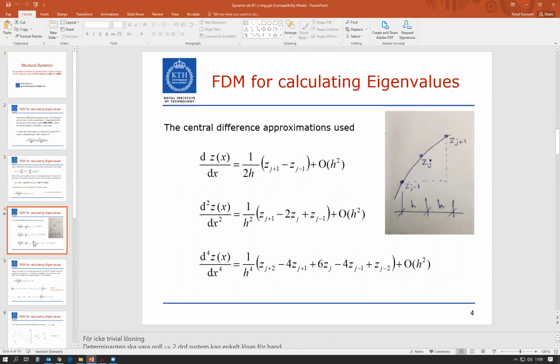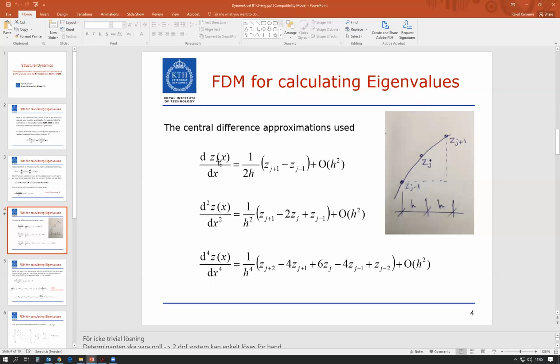Now, what are the finite differences? Well, I think all of you remember from one of the first years in your education when you looked at central difference approximations. The simplest one is this one.